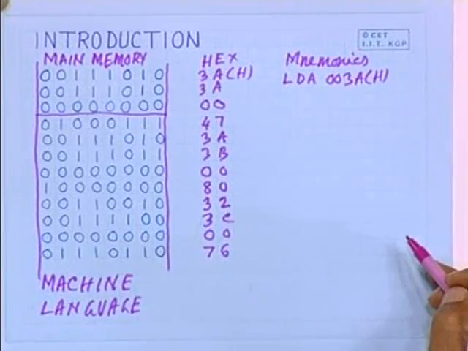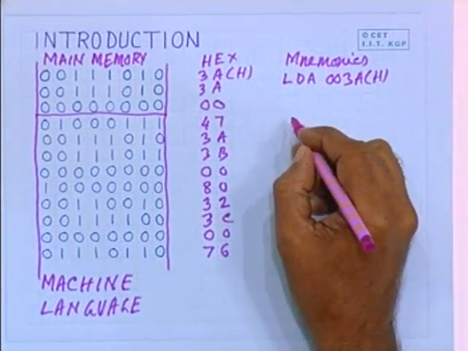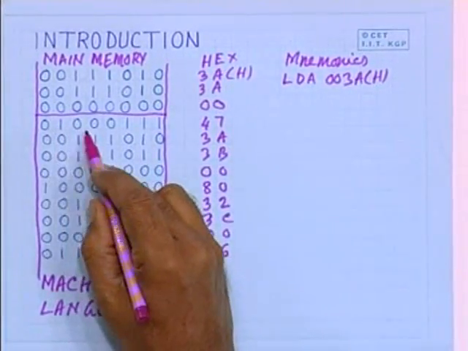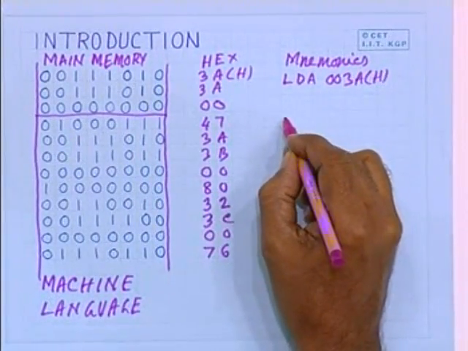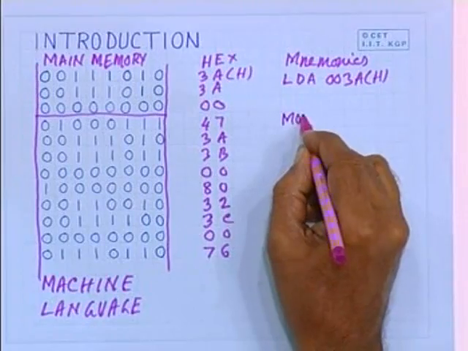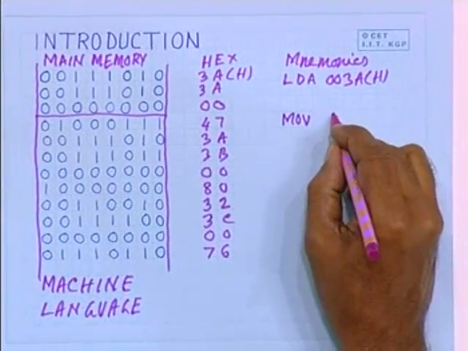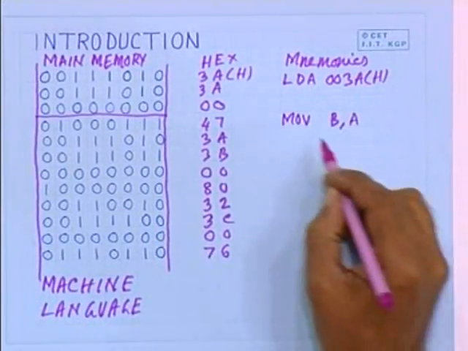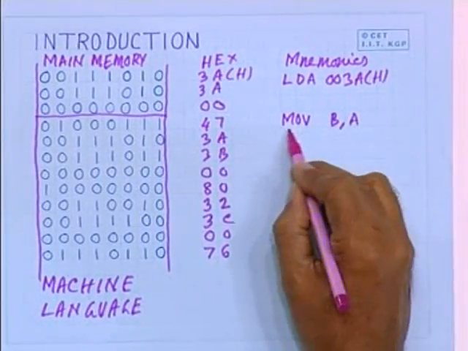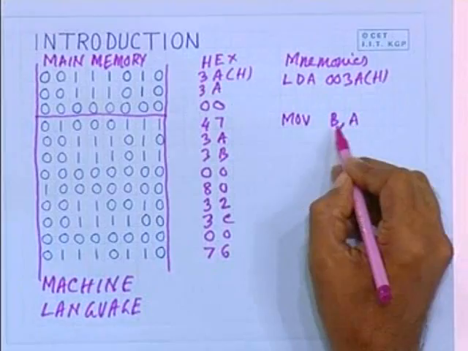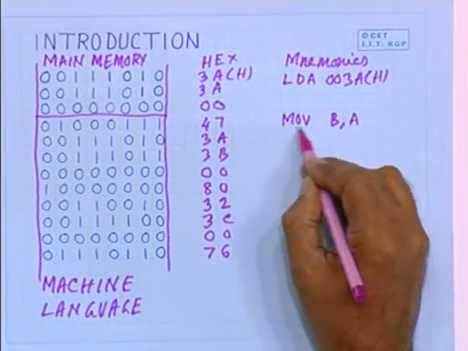instruction. Then 47, or 0100 0111, represents the instruction MOV B,A. What does it do? From this mnemonic or symbolic representation, we can understand very easily what it really performs.